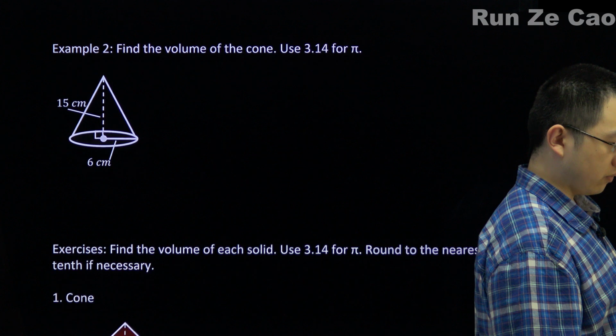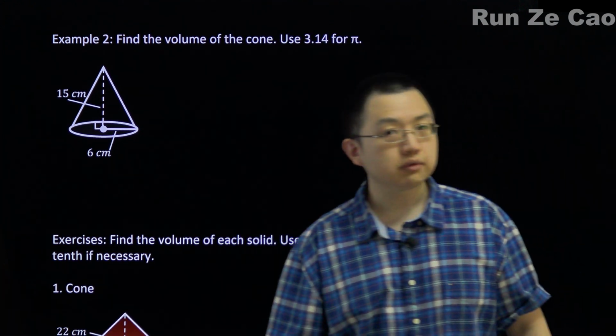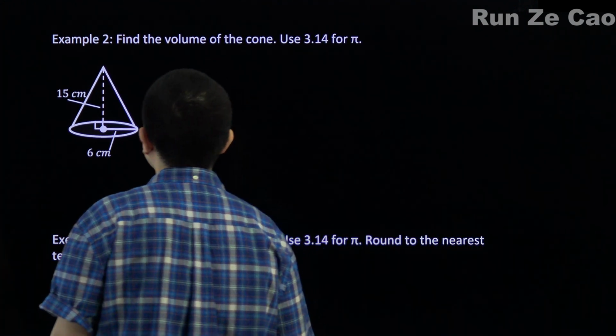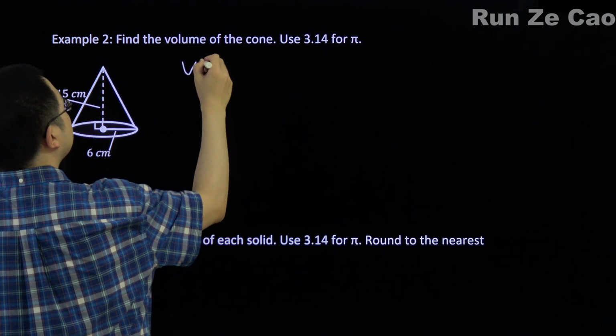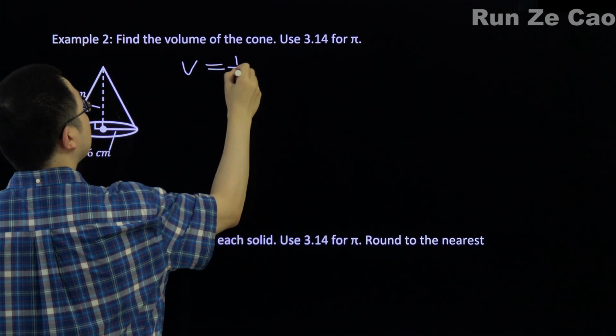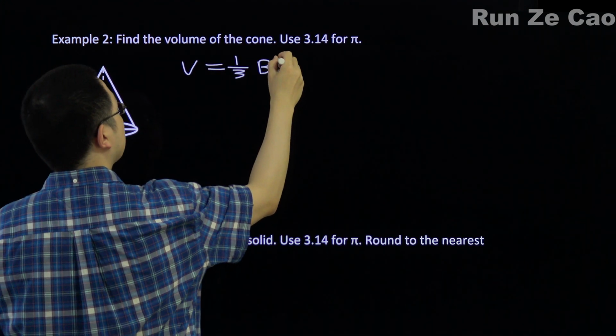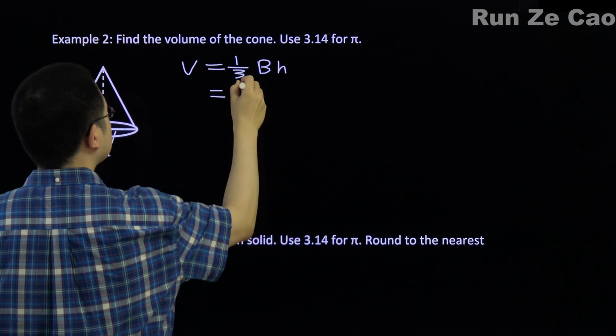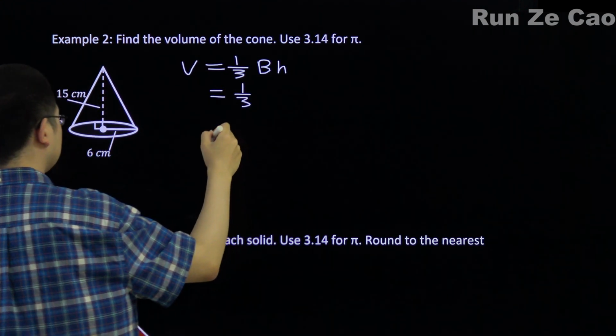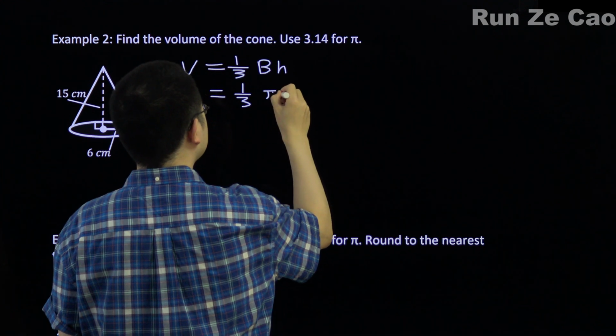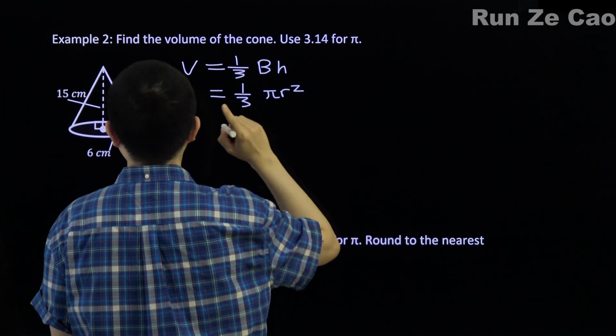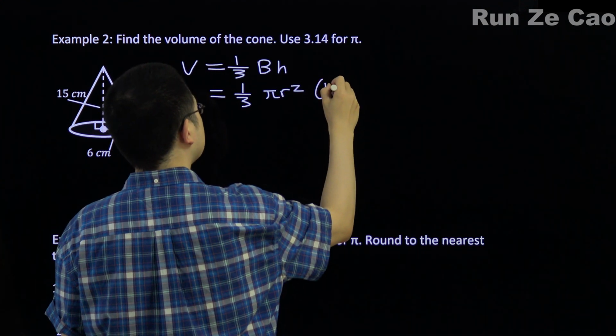So example 2, find the volume of the cone. Use 3.14 for pi. Well, the volume is still 1/3 base area times height. And that means 1/3, and we're looking at pi r squared for base area, times the height, which is 15.